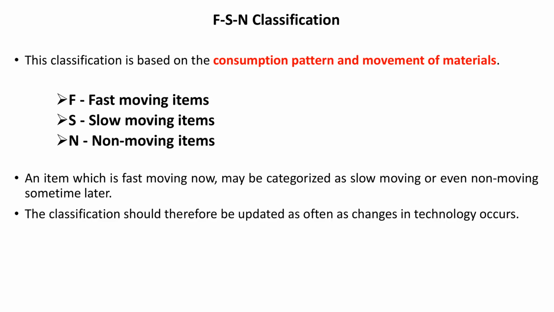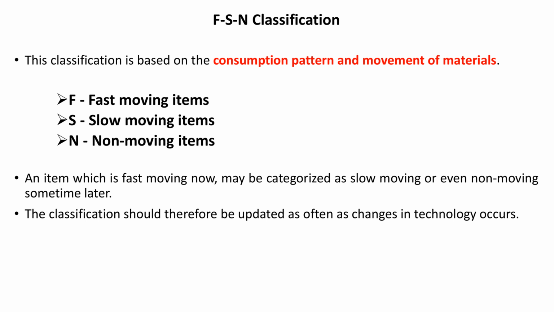The next classification is FSN classification. FSN classification is based on consumption pattern and movement of materials. F stands for fast moving items, S stands for slow moving items, and N stands for non-moving items.